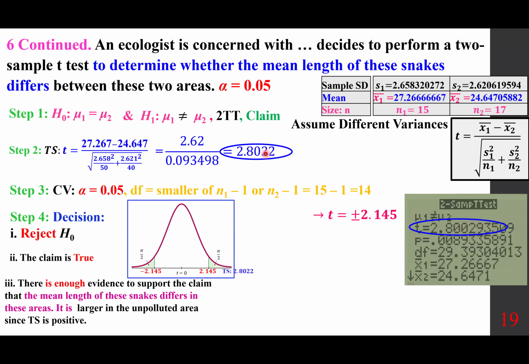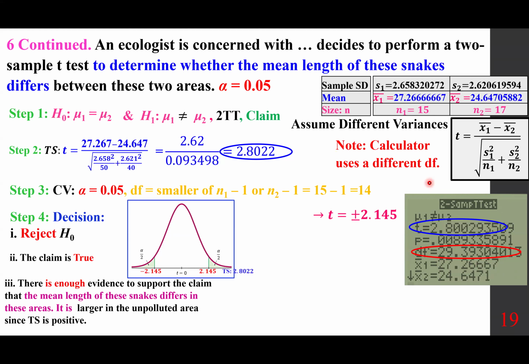Look at this one. Test statistic, of course, because we use a lot more decimals, they are slightly different. But if you stop here, up to 2 decimals, they're identical. Now, degrees of freedom: we used 14, but it's almost 30, as you can see, 29.39. So it does have a different result as far as the degrees of freedom is concerned.